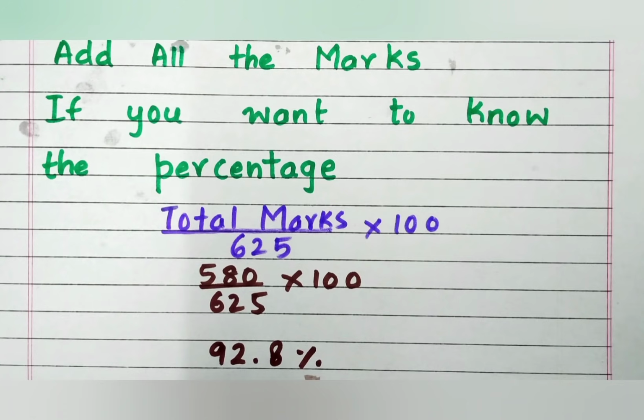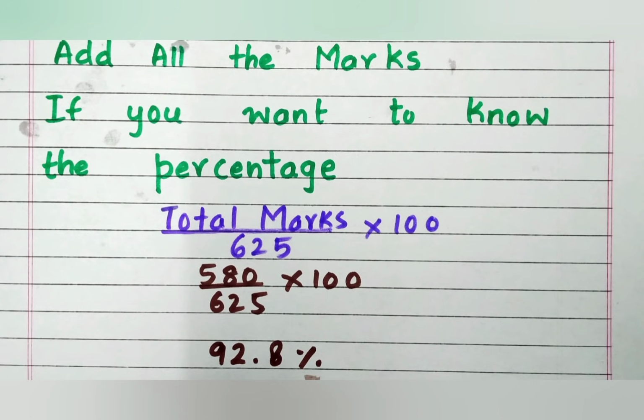Now, take the marks scored by you in first language, second language, third language, maths, science and social. Now add all the marks and total it. If you want to know the percentage, officially the SLC board this time is not giving the percentages, only grades.